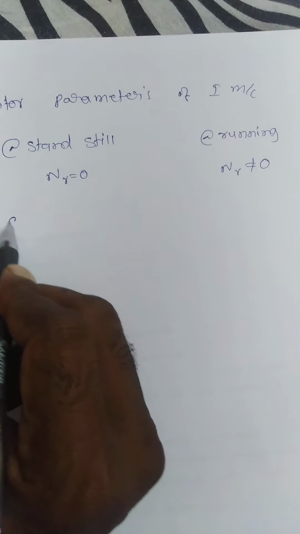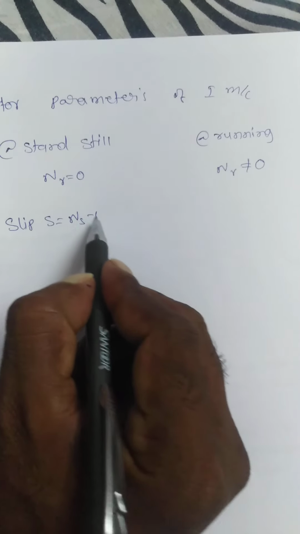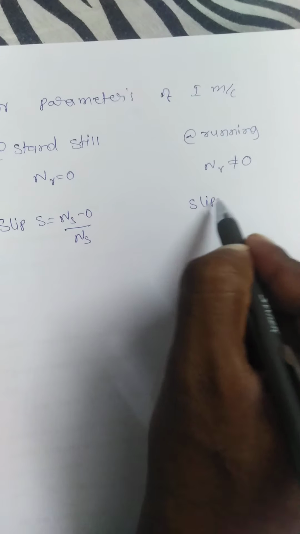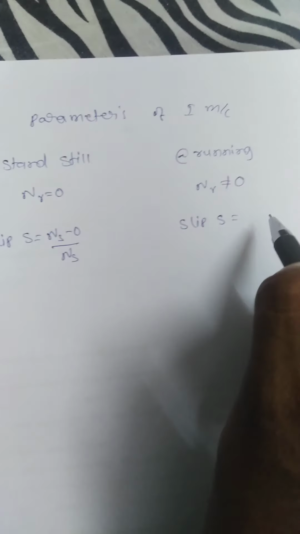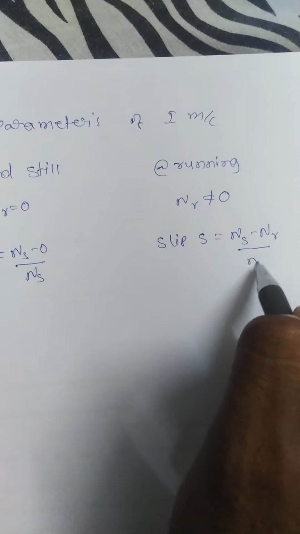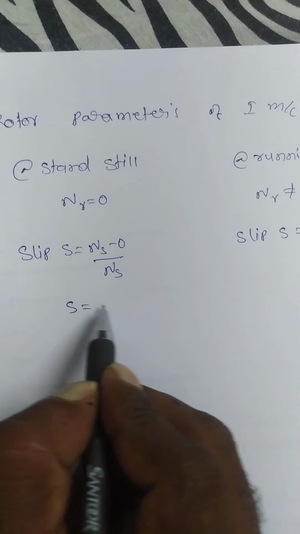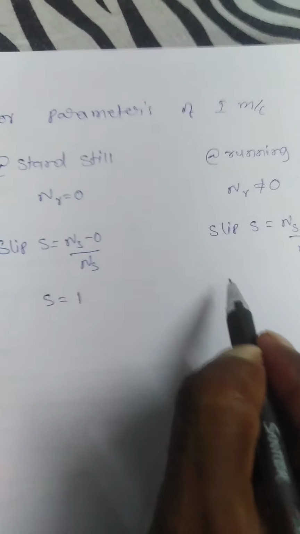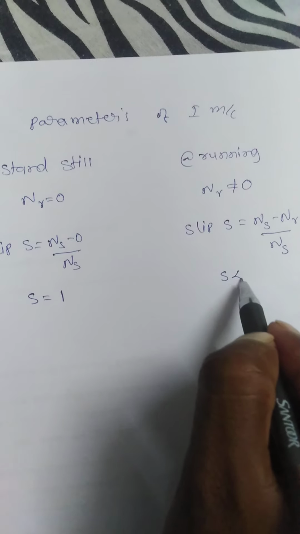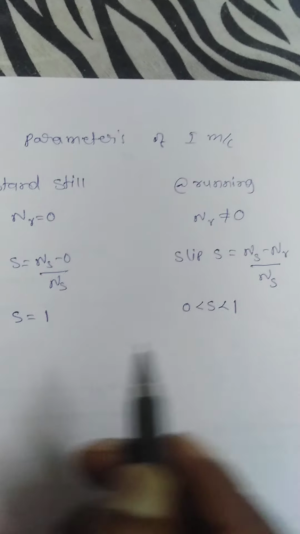So the slip at standstill condition is ns minus 0 by ns, which gives s equal to 1. At running condition, slip s equal to ns minus nr by ns, and s is not equal to 1; it is between 0 and 1.